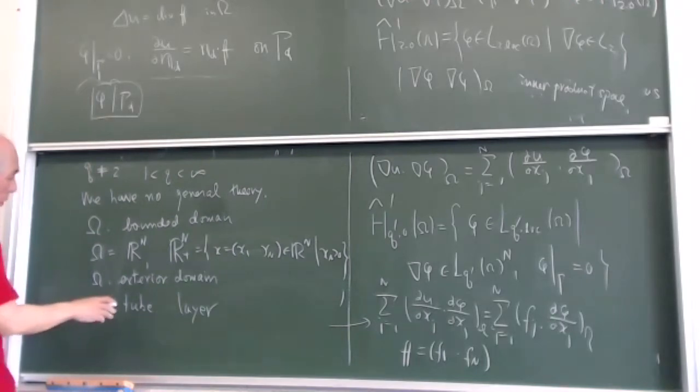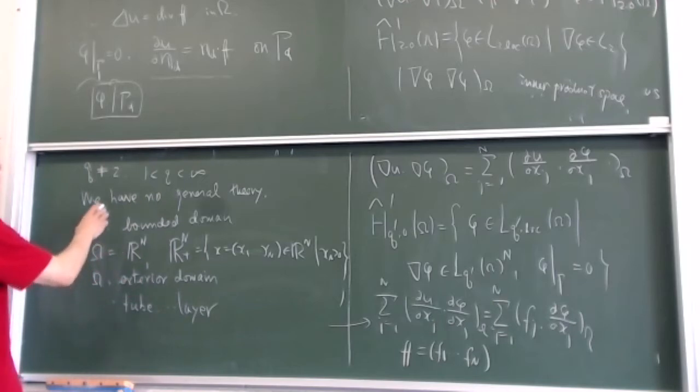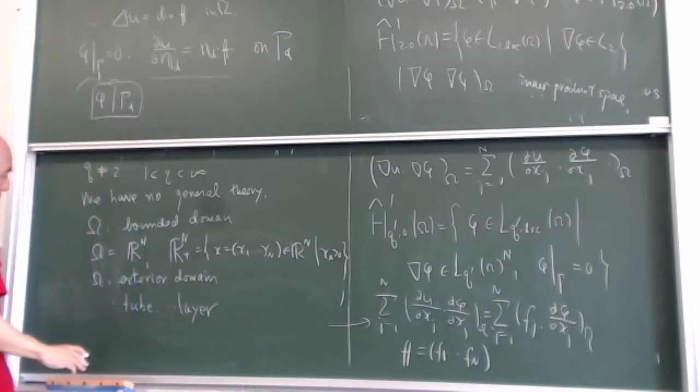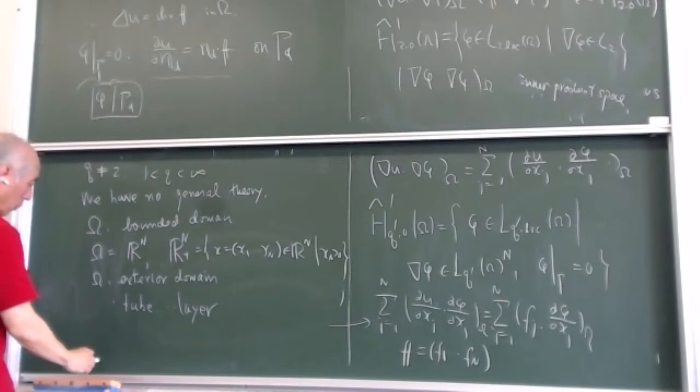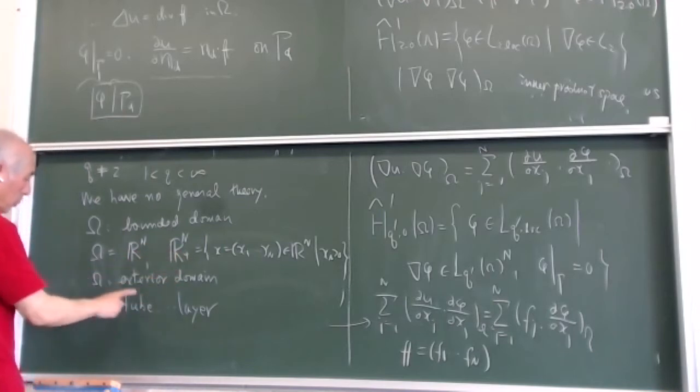At least I know these spaces. In these spaces, you can solve the weak Neumann-Dirichlet problem for any q. So Omega is a bounded domain, or R^n, half space R^n plus, or exterior domain, or tube.